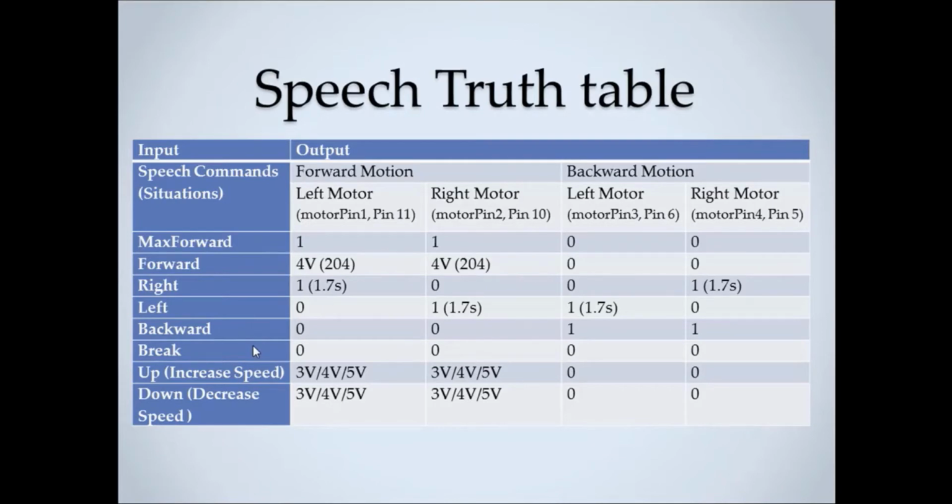The right continuous and the left continuous that appear here were not included. Stop was changed to brake because recognition for brake was better. Otherwise the rest is the same as the Bluetooth truth table. To understand how the truth table was created, just look at the Bluetooth video truth table part.